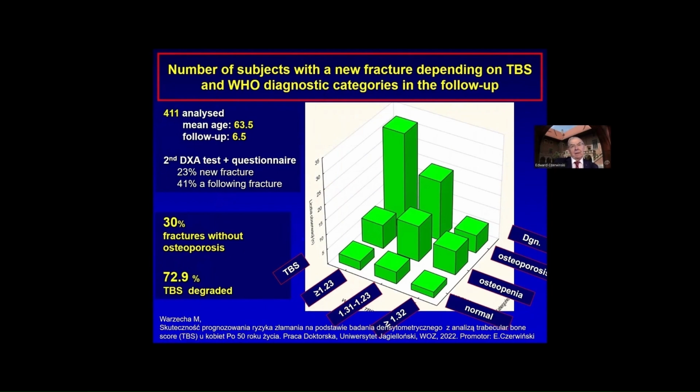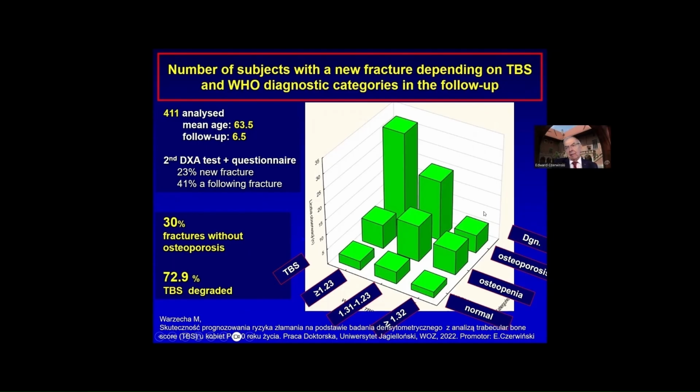It is the study of my assistant, her doctorate already published at Jagiellonian University. And she analyzed 400 patients with mean age 63, who had DEXA and a questionnaire, so we knew the fractures, and we knew the following fractures. 30% of fractures had no osteoporosis according to WHO, but 72% had TBS degraded.